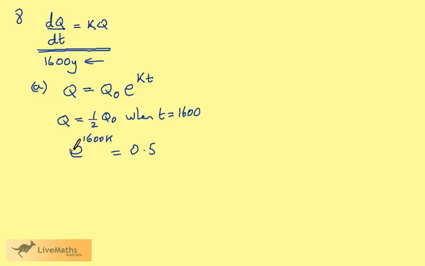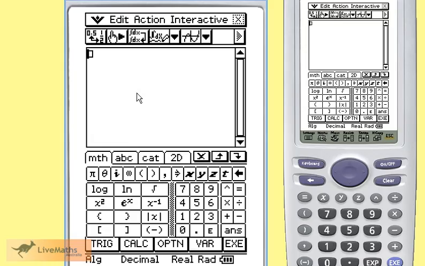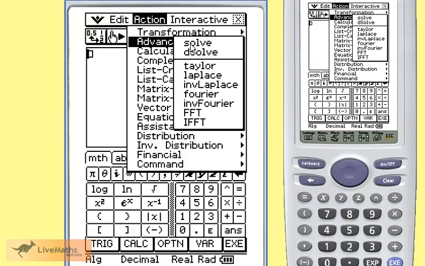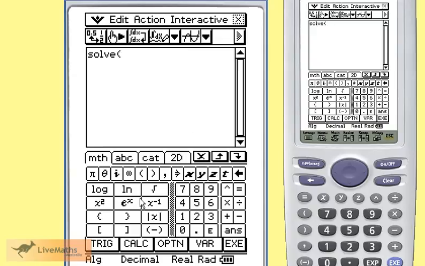Now, you can either solve this using your knowledge of logs or solve it on the calculator. We want to solve e^(1600k) = 0.5. Go to Action, Advanced, Solve. On the keyboard, e to the 1600, it's easier just to use x here.